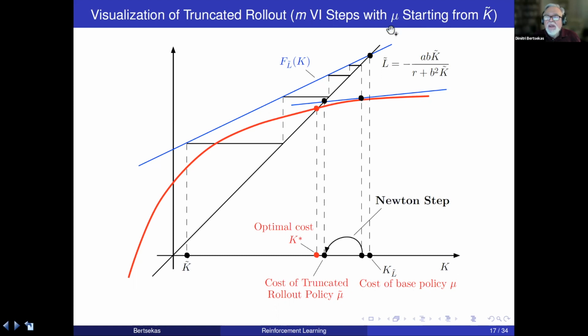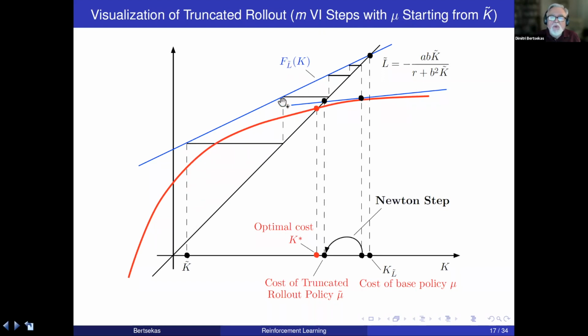So we have this linear base policy, and it has a linear graph like so. Its cost function is given as a quadratic function involving this quadratic cost coefficient. And we start at some K tilde, and we do rollout with m steps using this linear policy.